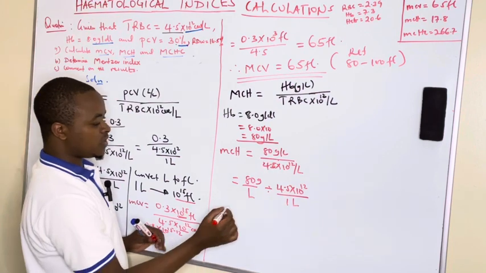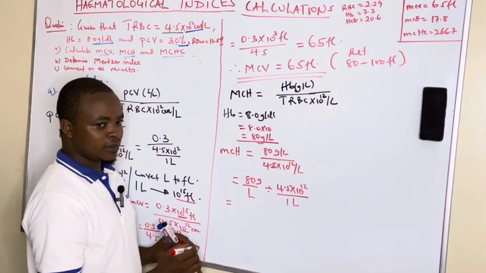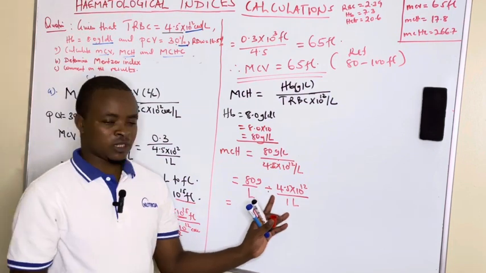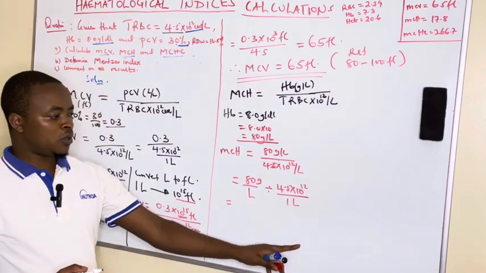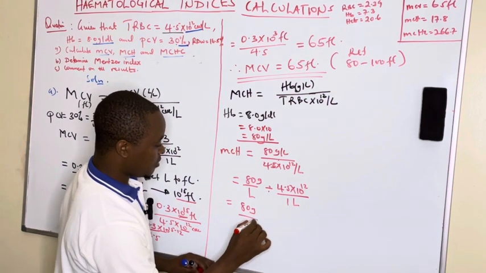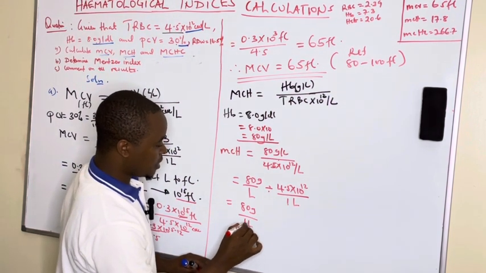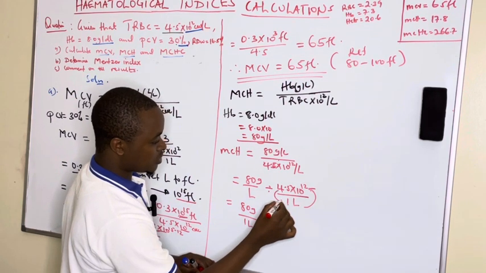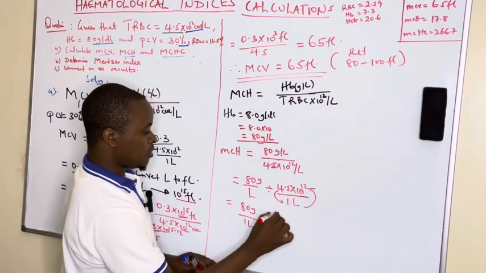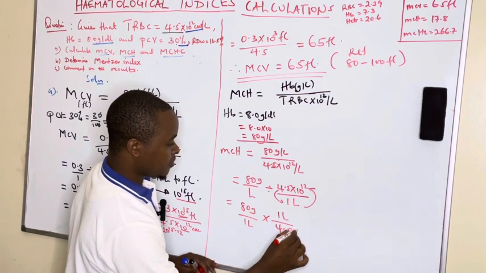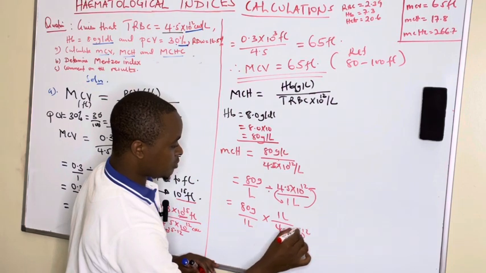And whenever we have this, we can remove this division sign by taking the reciprocal. Whereby 80 grams divided by 1 liter times the reciprocal, 1 liter divided by 4.5 times 10 to power 12.